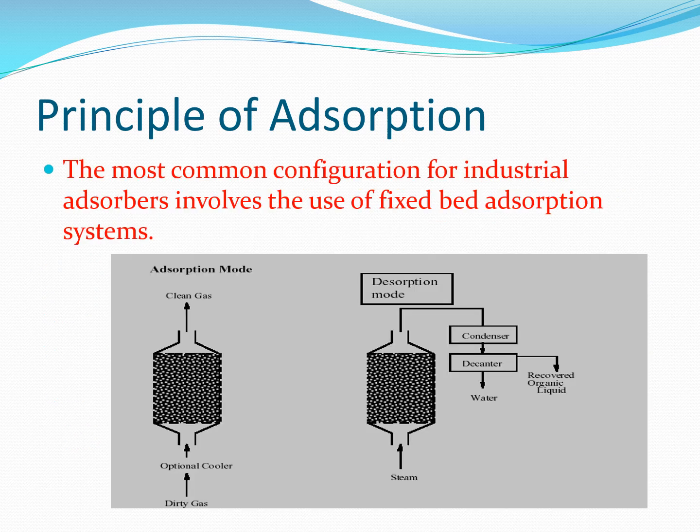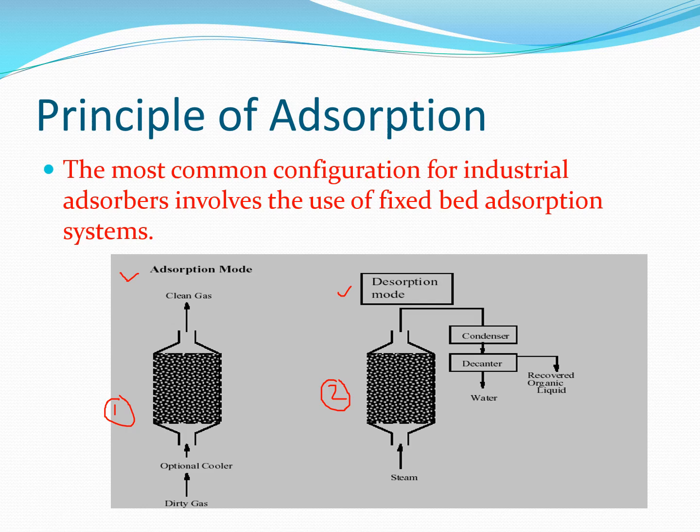So basically in adsorption we have two side by side columns, column number 1 and column number 2. Column number 1 is in the adsorption mode, like operational mode, and column number 2 is in the desorption mode, which is basically regeneration.